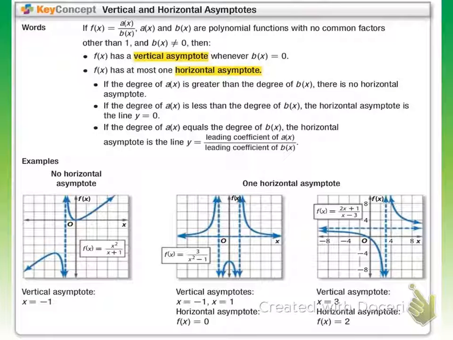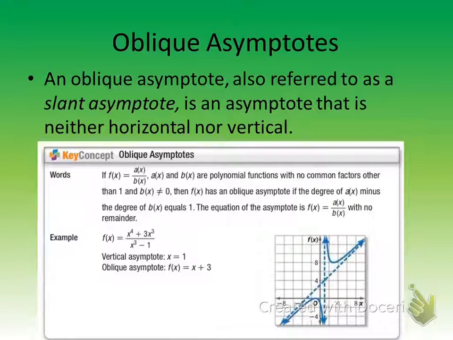Now, these only happen when the degree difference is 1. If it's bigger than that, then you're off into weird wacko land anyhow. The equation of that asymptote is going to more than likely be a line, and it's the equation of the actual division, a of x divided by b of x, with no remainder.